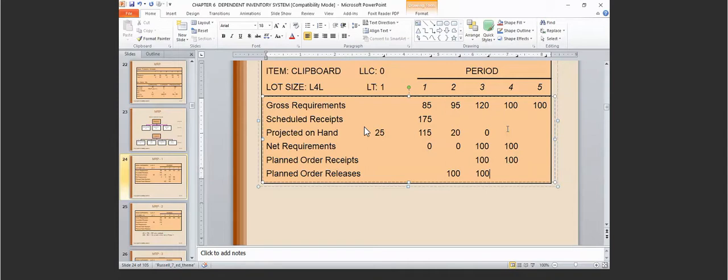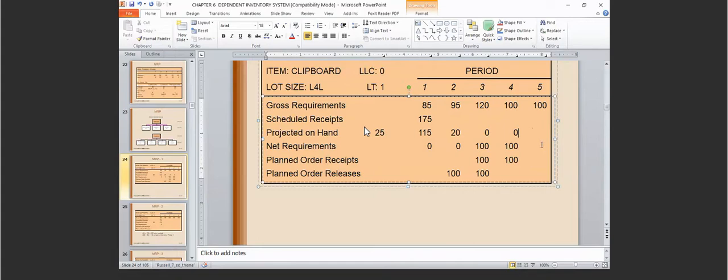So we are using the order receipt of 100 unit to support the gross requirement in period 4 of 100 unit. So at the end of period 4 also will be nil for inventory. And in period 5, the same process we do for period 2, 3, and 4.